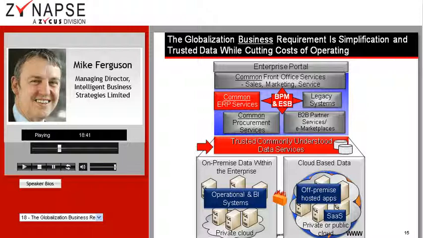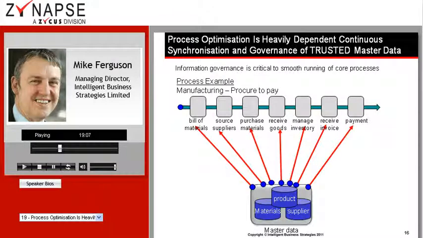And so globalization has a business requirement which is fundamentally about simplification. It's about getting single views of core master data like supplier, like materials, like product, like customer, and so on, and being able to use that information across common processes that are joined up, from procurement to pay or from order to cash.